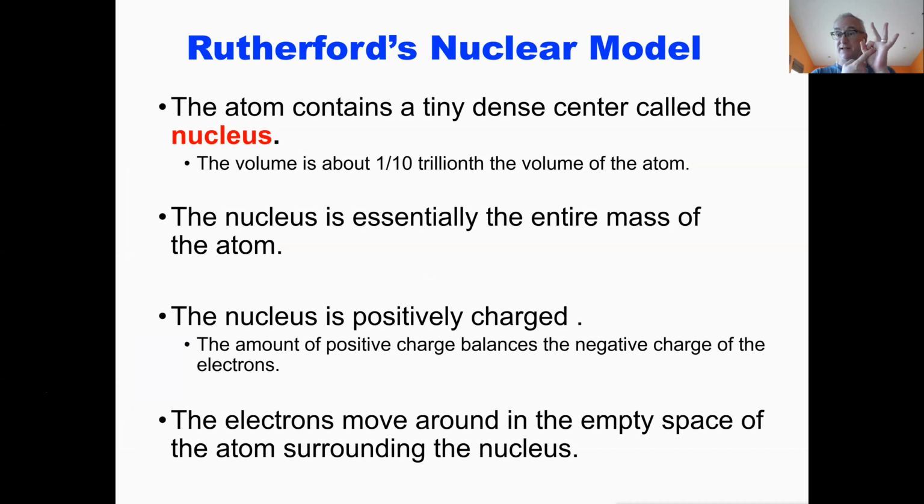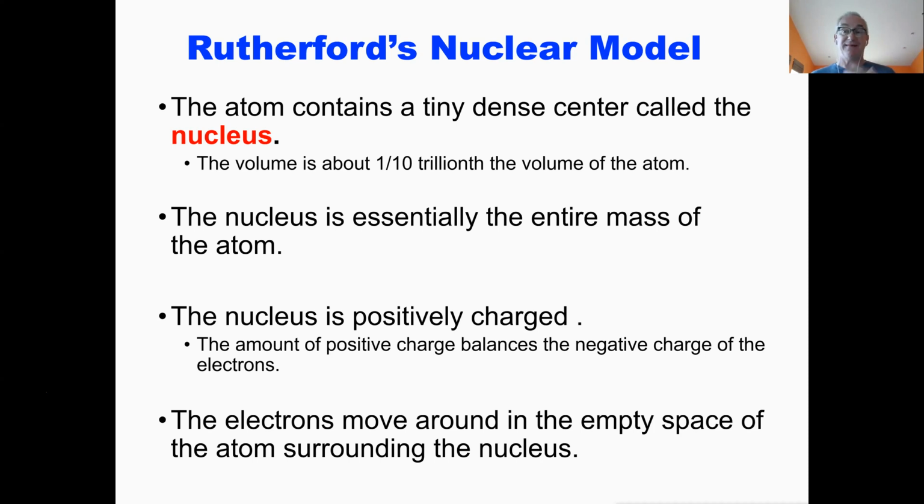You've got the nucleus in the middle, just like the sun, very dense, with a lot of mass. But the difference is the nucleus is charged, and the electrons going around are charged as well. So you have a positive charge in the middle and negative charges going around the outside.